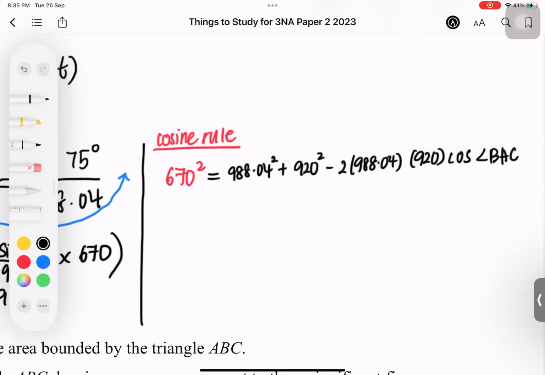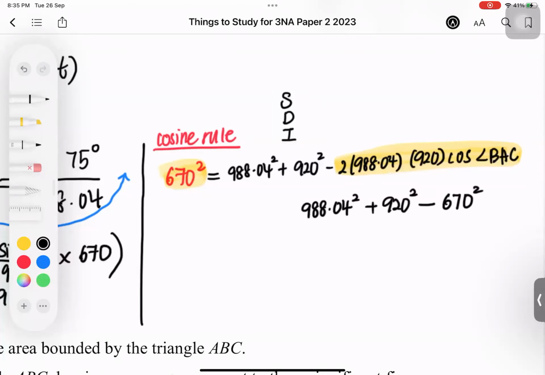Then I use my few letters: swap, divide, inverse, SDI. Swap what? This and this whole thing, swap position. So I get 988.04 squared plus 920 squared minus 670 squared.